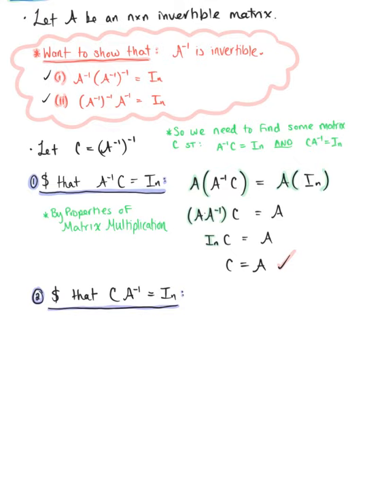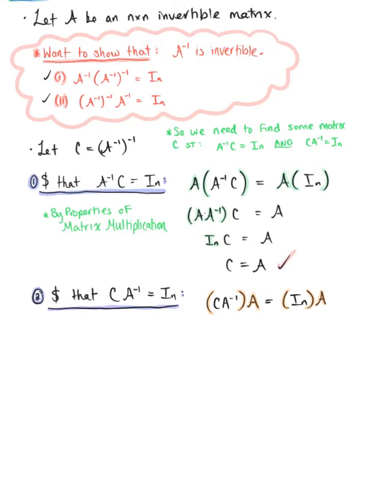So how are we going to do that? Well, let's begin here by right-hand multiplying this equation by matrix A. So here we have the product matrix C times the inverse of matrix A multiplied by matrix A, which is equal to the n by n identity matrix multiplied by matrix A.